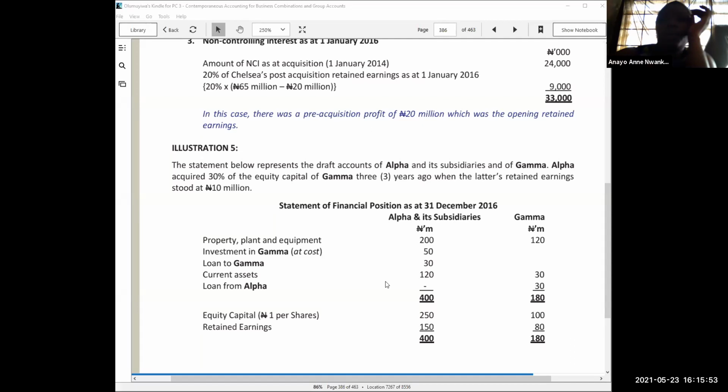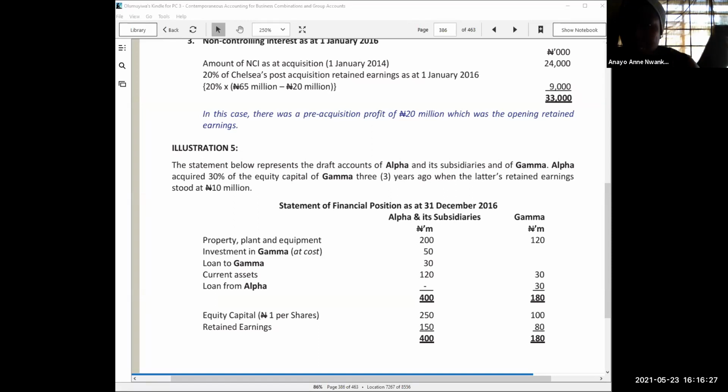Illustration 5. The statement below represents the draft account of Alpha and its subsidiaries and of Gamma. Alpha acquired 30% of the equity capital of Gamma 3 years ago, when the latter's retained earnings stood at 10 million naira. Statement of financial position as at 31 December 2016.